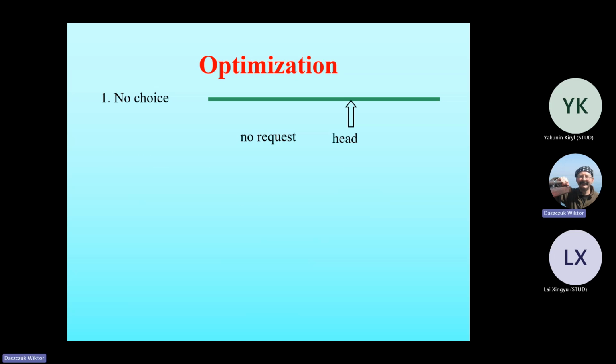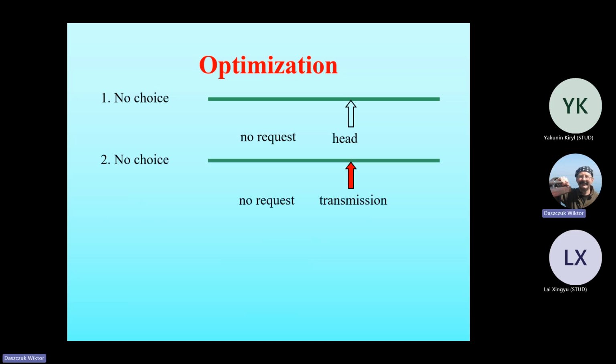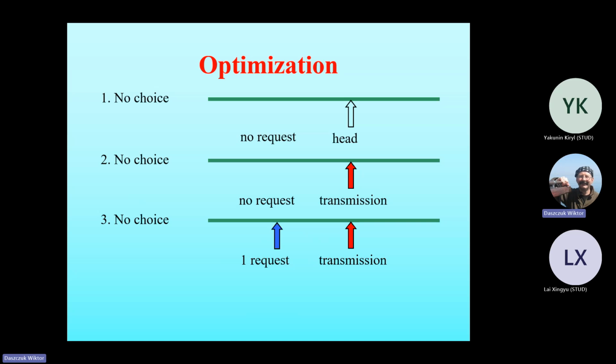If we have a transmission that is being executed, we cannot optimize anything. We must finish this transmission. Even if we have a request pending, we must finish the current transmission to switch to the next one, because the disk realizes only one transmission at a time.